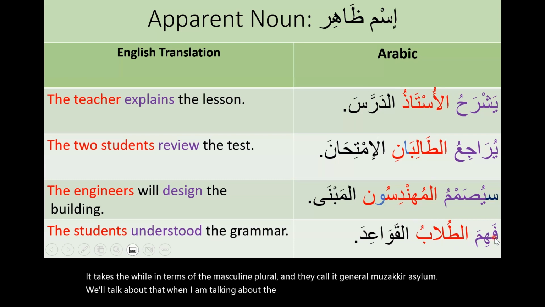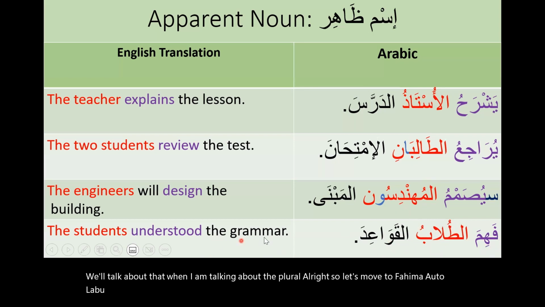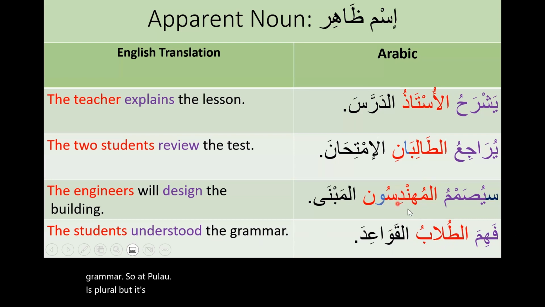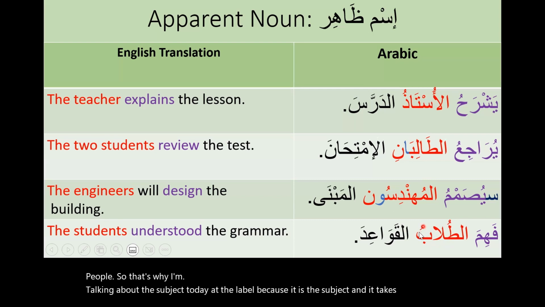All right. So let's move to فهم الطلاب القواعد. The students understood the grammar. So الطلاب is plural, but it's not like here. We call it the broken plural. الطلاب, because it is the subject and it takes the Dhamma as an ending.